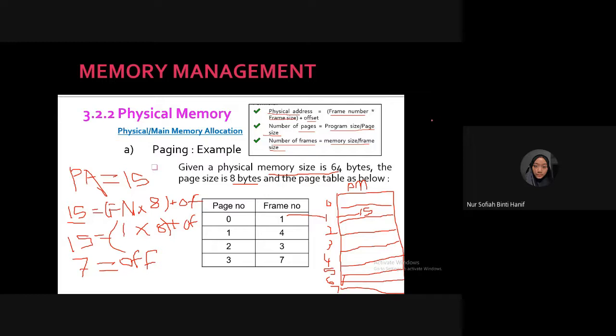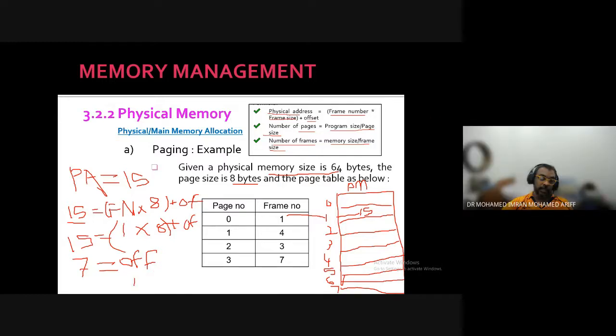So the answer is logical address equals 0, 7, which equals physical address. What was the question? 15. So logical address 0, 7 equals physical address 15.